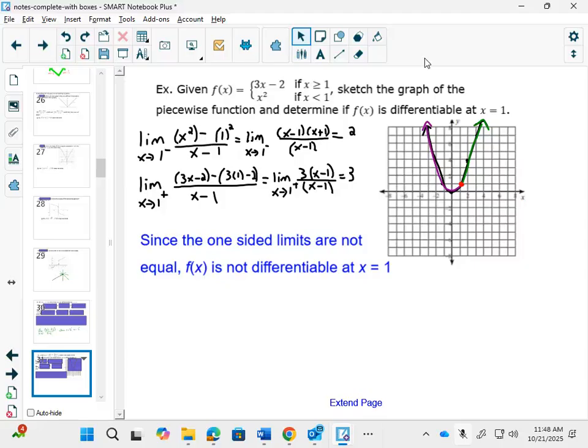So do you know what the exam does? The exam says instead of 3x minus 2, they write ax plus b. There is one line that you could put there that would work and make it smooth at that point, so you wouldn't cut your finger. What line would that be?